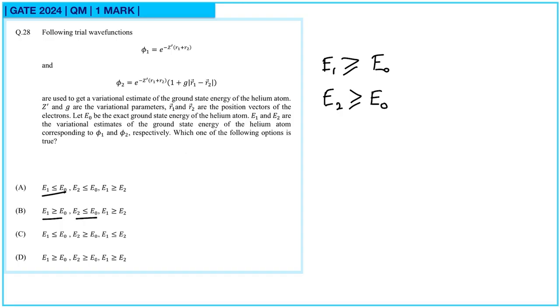This is correct. This is wrong. Then again here it is wrong. And in option D, E1 is greater than or equal to E0, E2 is greater than or equal to E0. So option D is correct. Just check that the actual energy will be less than the trial wave function energy. So option D is correct.